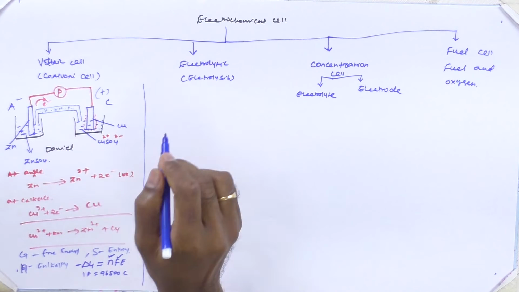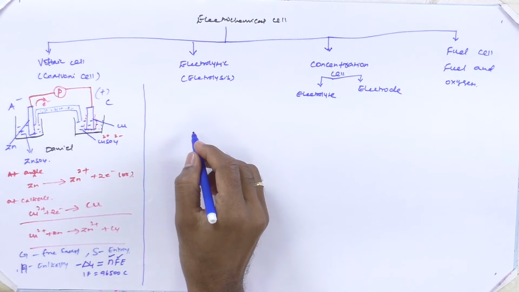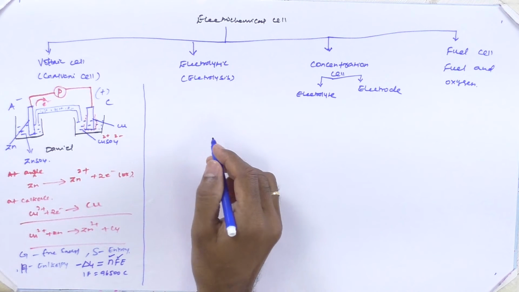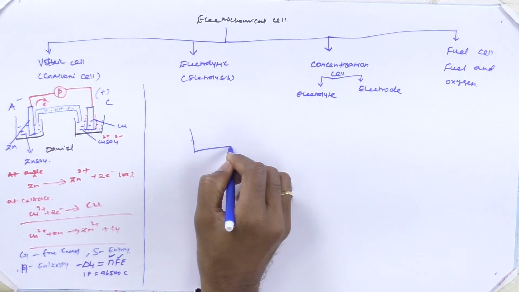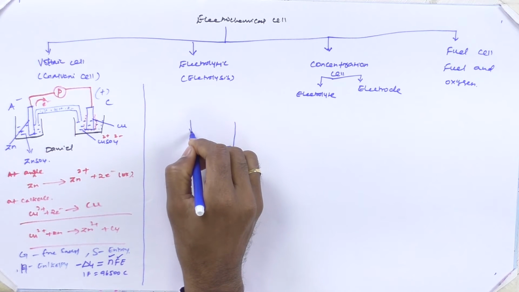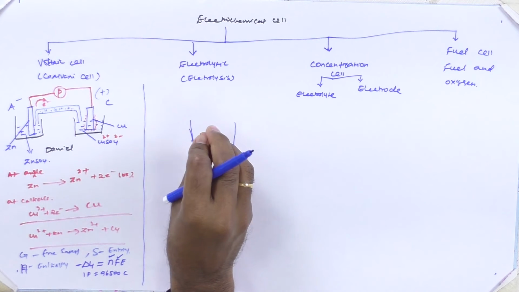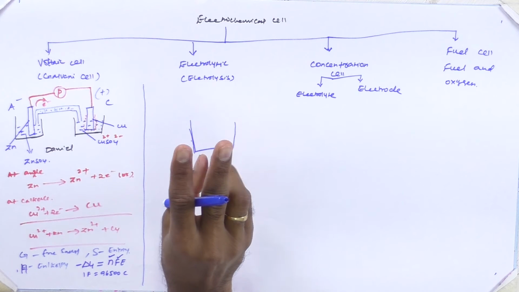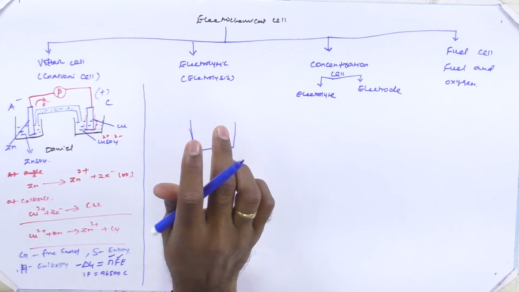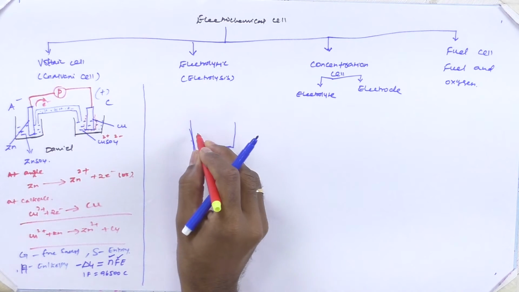In the case of an electrolytic cell, we don't need 2 electrolytes. It requires only 1 electrolyte and 2 electrodes.